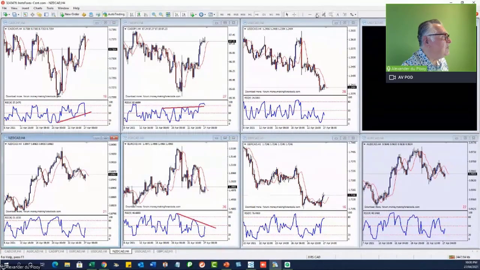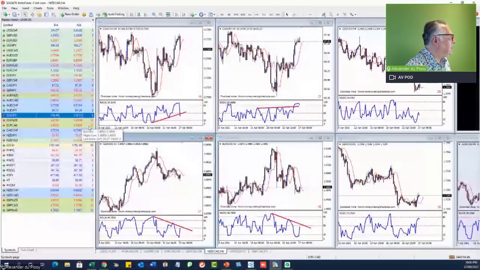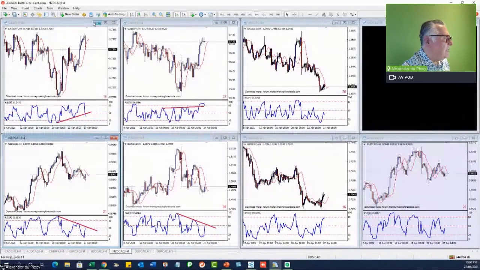There's 2 mounds. So you can see that using these relative strengths, sometimes it does help. There's another one that's building up quite nicely. The Euro Cad. Just want to see the Euro Cad. Yeah, the spread is a little bit high on that one, so might not go for that.